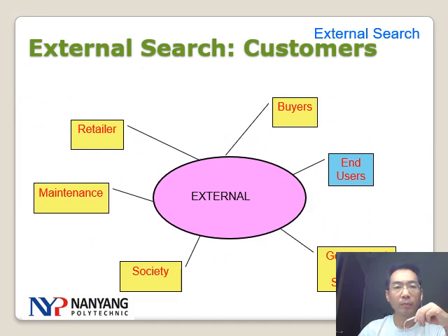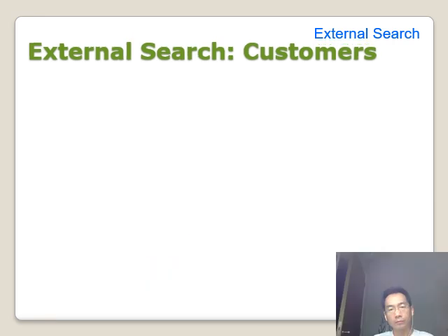When we are talking about external search, mainly we are talking about external customers. That includes buyers, end users, government and standards, society, retailer, as well as maintenance requirement. Now let's look from the external customers' perspective.